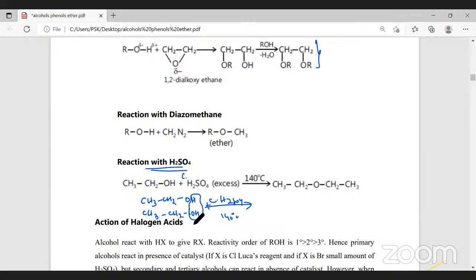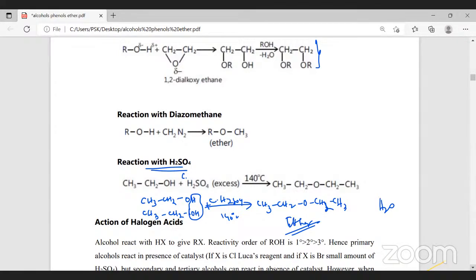Now, if this water is removed, what else is obtained? You have CH3CH2, this oxygen, CH3CH2, so this is nothing but ether. Ethers are formed when alcohols are dehydrated with concentrated sulfuric acid.